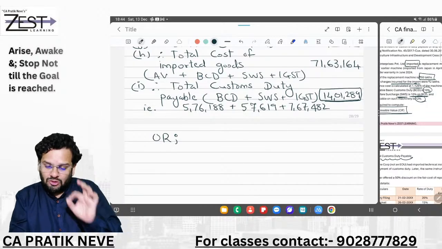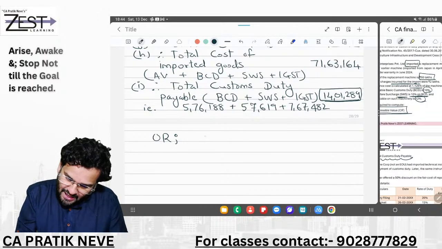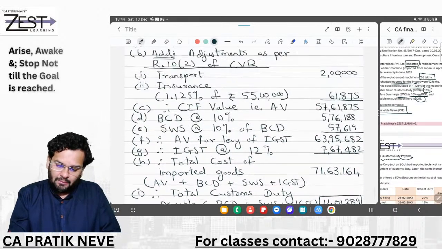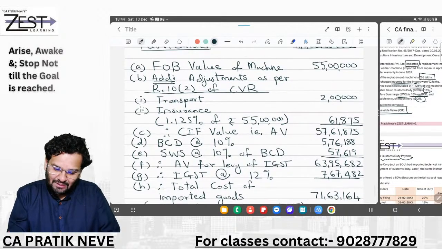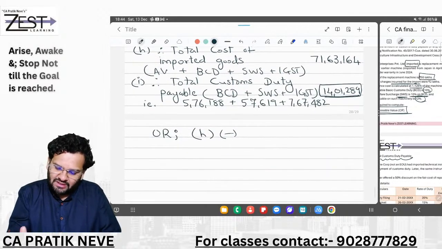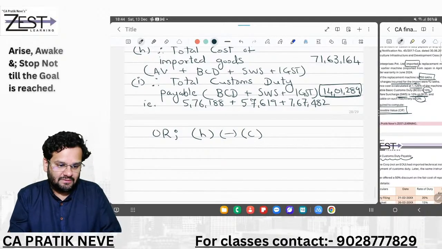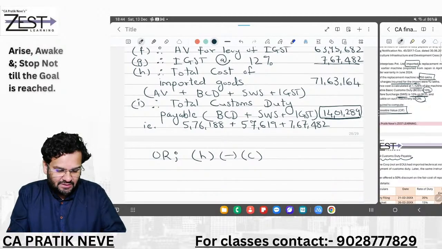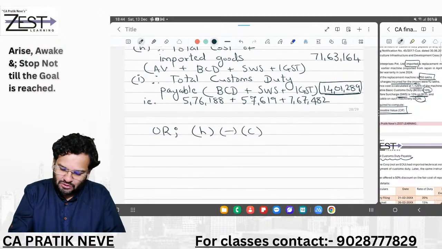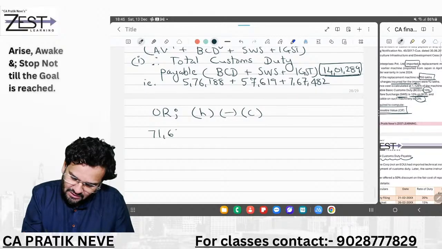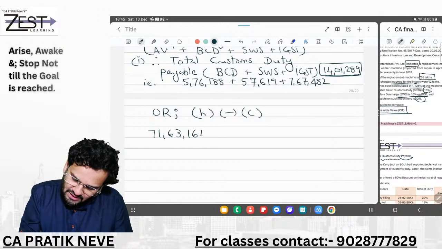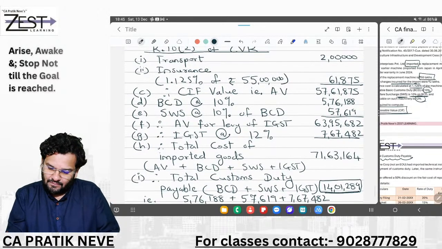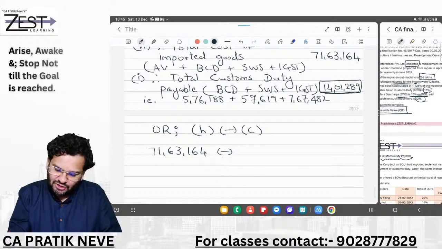Or one more way of calculating that is H, that is total cost of imported goods minus the assessable value which you got in C point. You will get the same answer. H minus C, that is 71,63,164 minus 63,95,682.